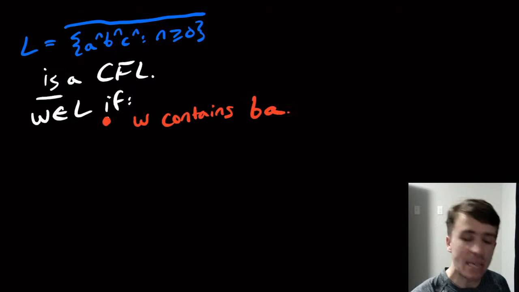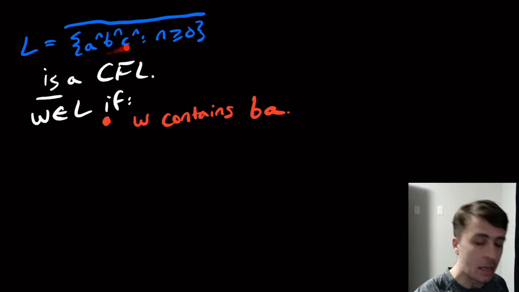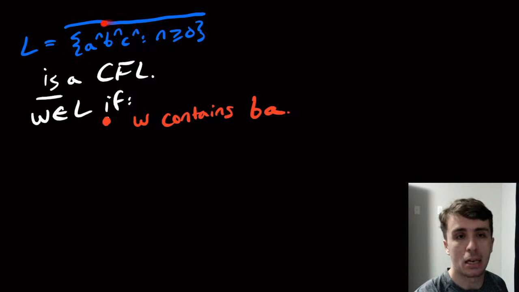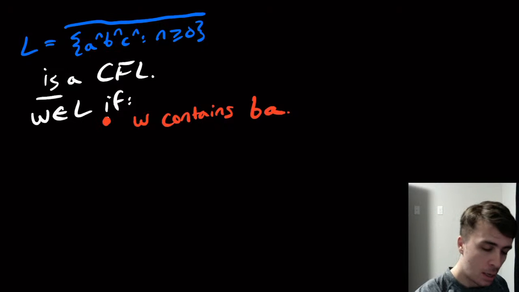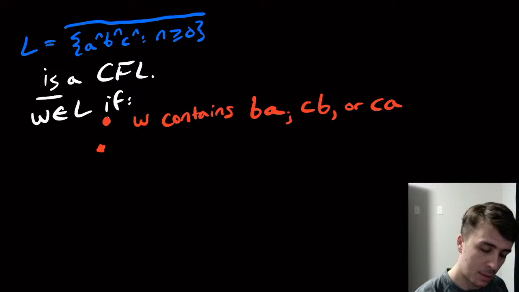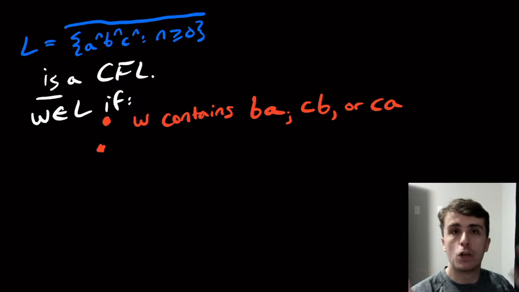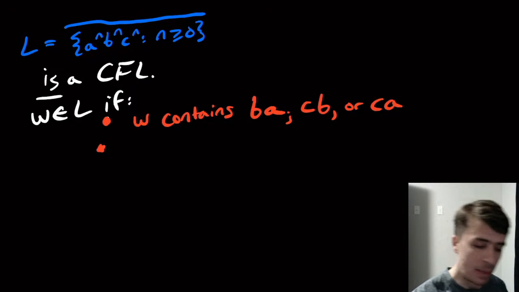If it has a BA in it, it can't be in the original language. It must be in the complement, because the original has no BAs in it at all. Similarly, if it has CB or CA. If it has any one of those three substrings, then it's in the complement.